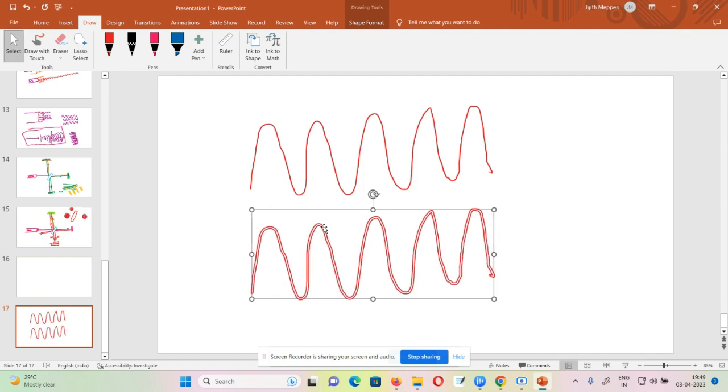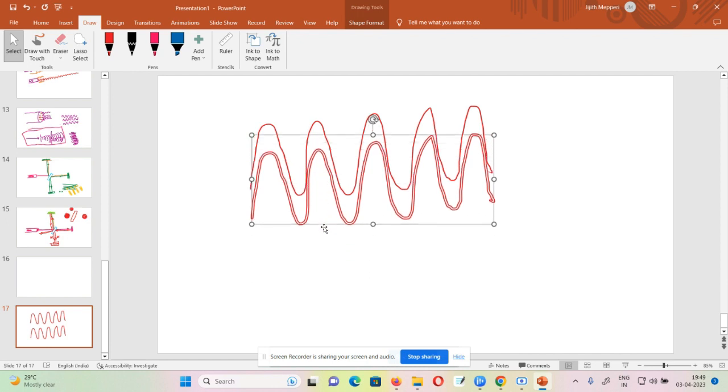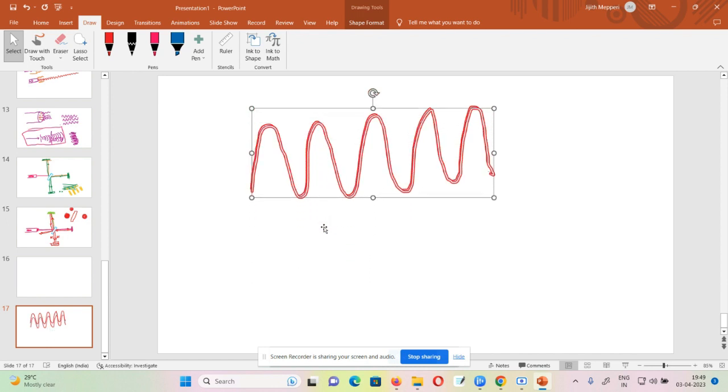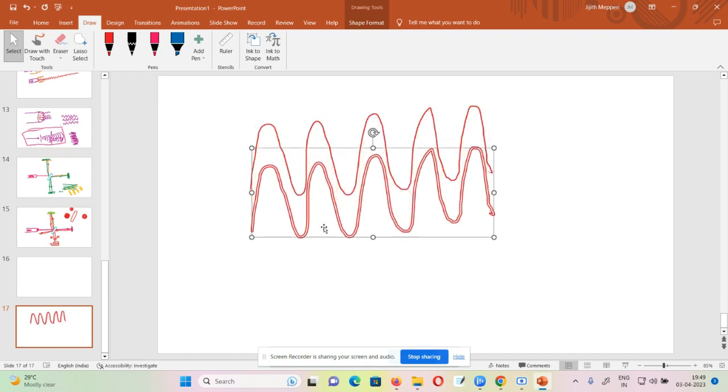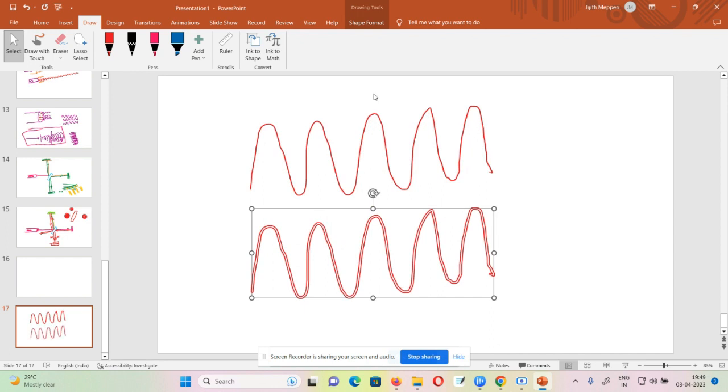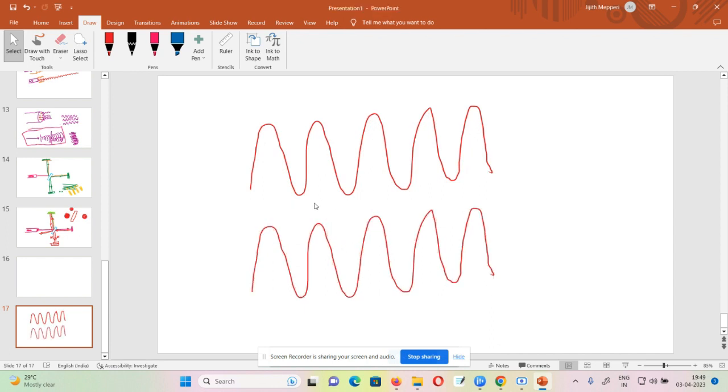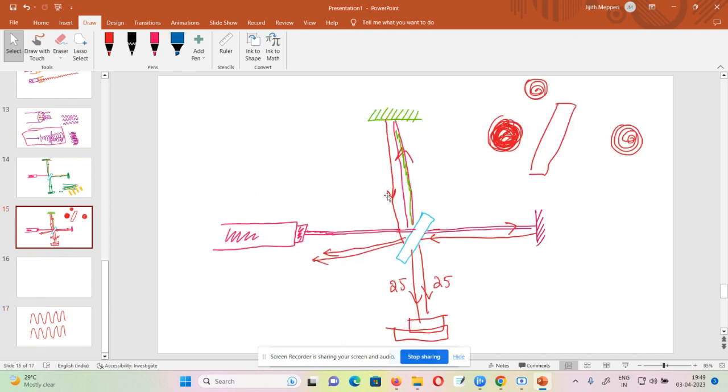Now you see that I am saying that I have two beams which have an exact phase. Just think that one portion went to this side and came back through this way, and another went to this side and came back.